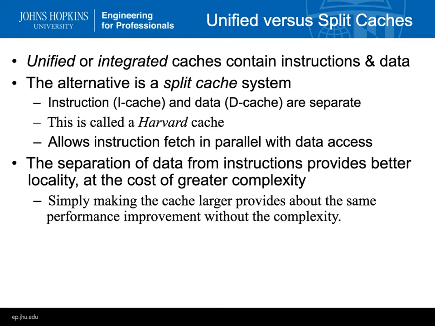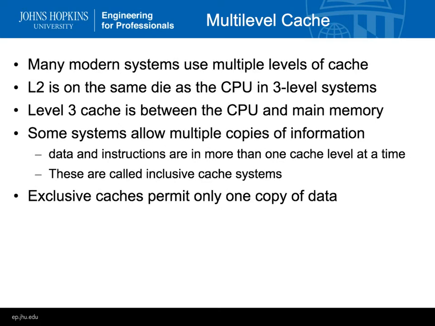And we've talked about Harvard and von Neumann architectures for main memory. What about caches? Do we have instructions and data in the same cache? That would be a von Neumann cache. Or do we have an instruction cache and a data cache? And that's actually fairly common, to have separate caches for instructions and data. And we can actually have an L3 cache.